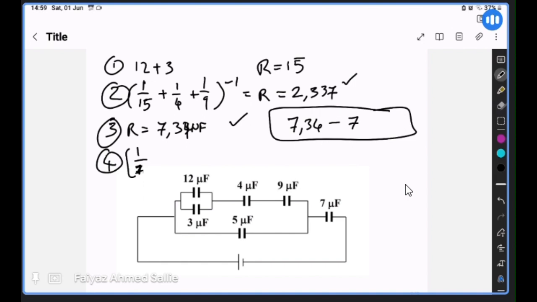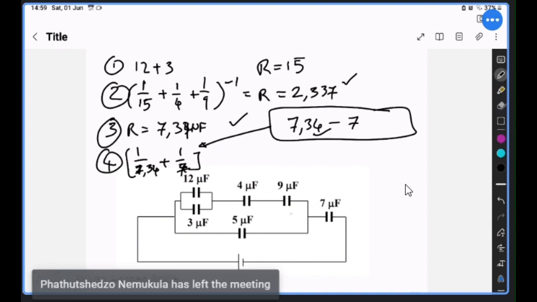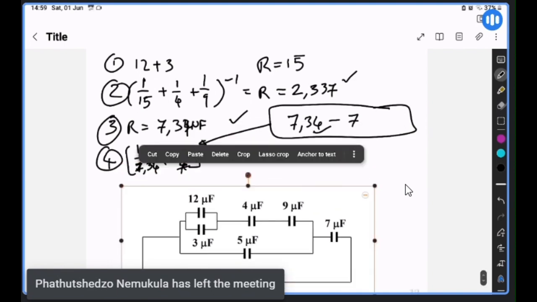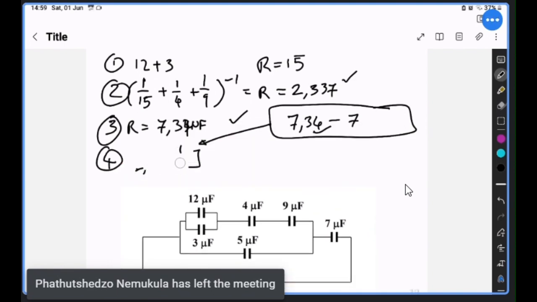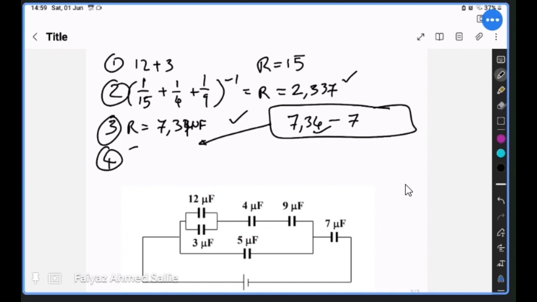So it's going to be 1 over 7.34 plus 1 over 7, to the power of minus 1, since the 7 over here is in series with the 7.34.